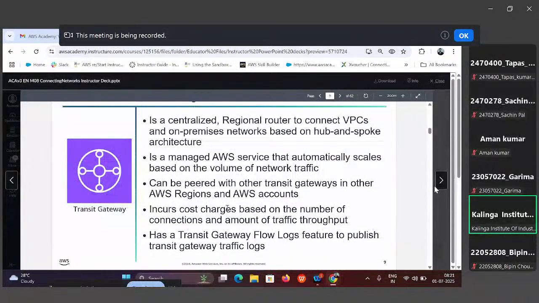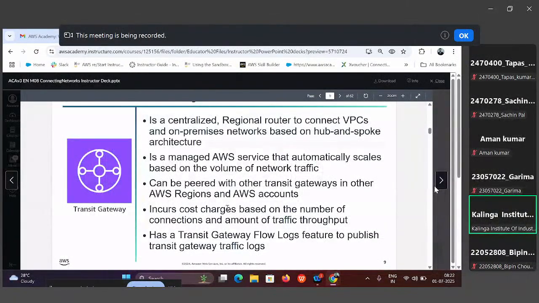Transit Gateway is a managed AWS service that automatically scales based on the volume of network traffic, and it can also peer with other transit gateways in other AWS regions and AWS accounts, and it incurs charges based on the number of connections and amount of traffic throughput.